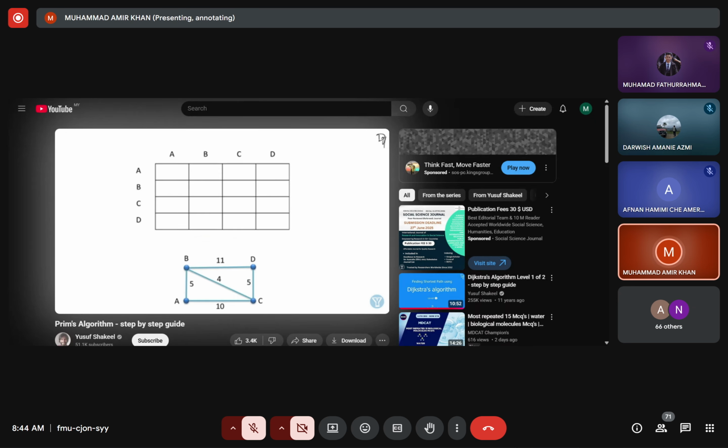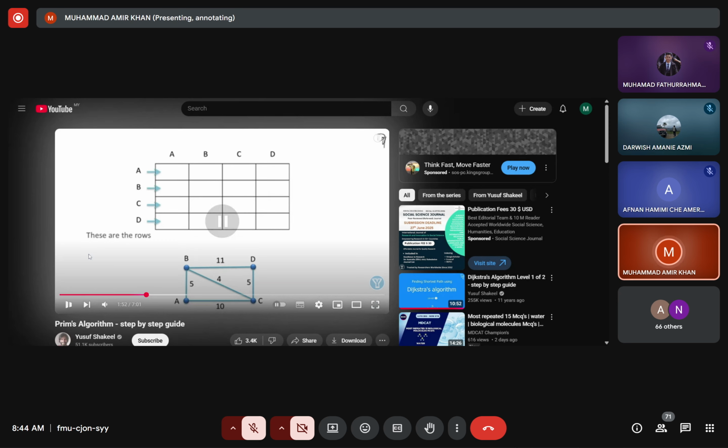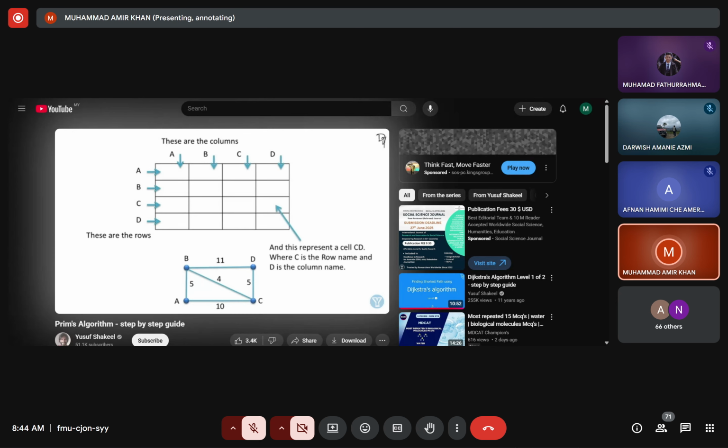So draw the table. We already drew table A, B, C, D, A, B, C, D. The horizontal lines are rows and the verticals are columns. This representation is cell CD, this one is CD. If I am here, it is BB. This is CA. This is AA. This is AB, AC, AD, like this.